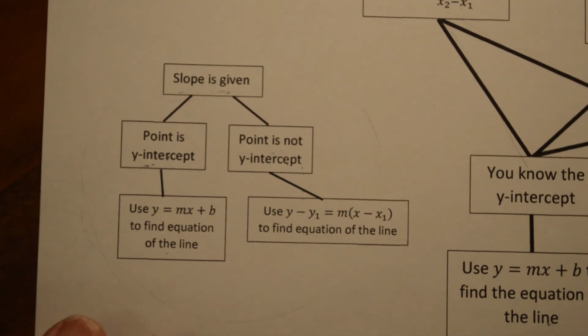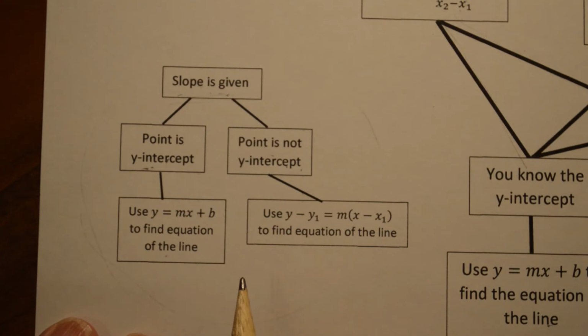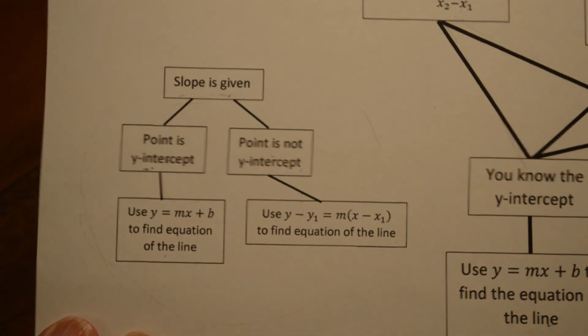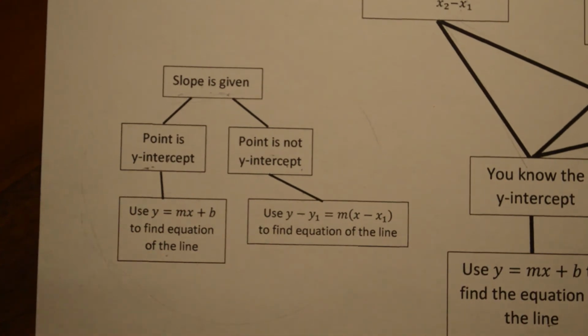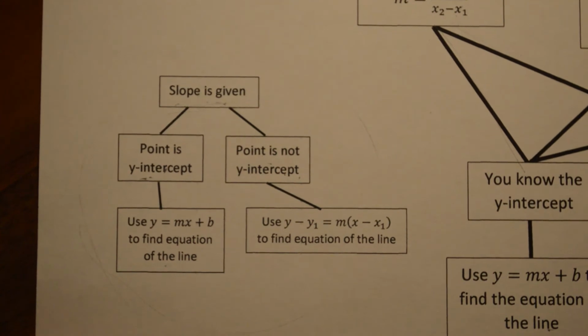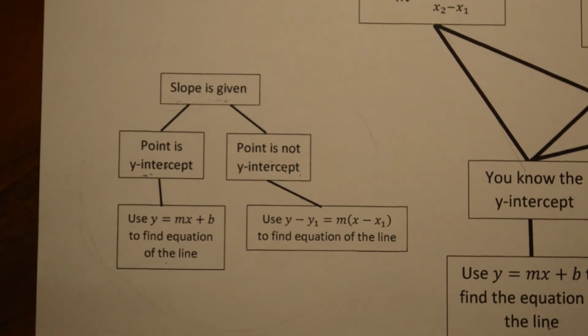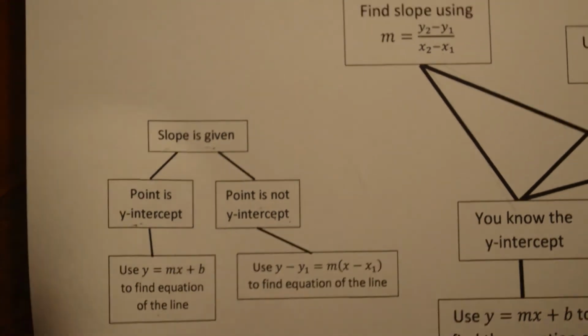Now, I did not put in here how to change from slope-intercept form or point-slope form into the standard form, but I do have another sheet that has that on there. Hopefully you've also printed that out. It's just a summary of everything that we're doing with equations of lines and the different forms.